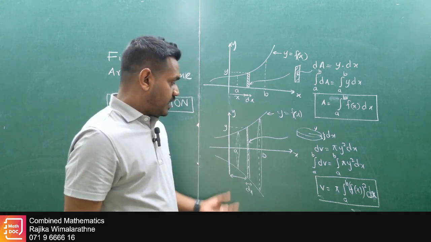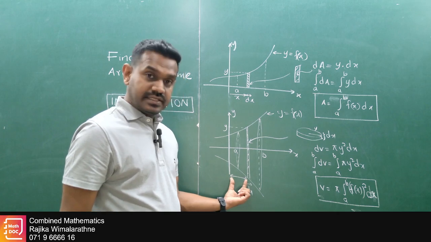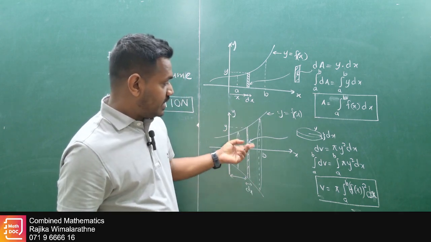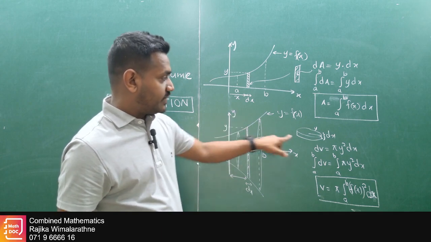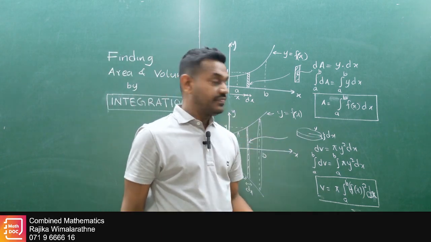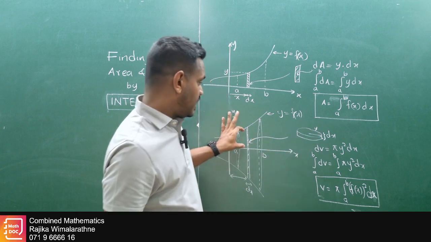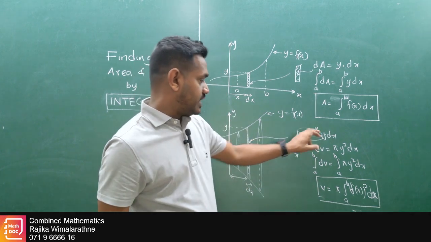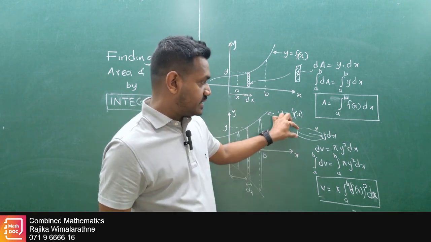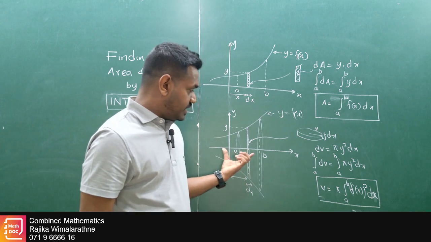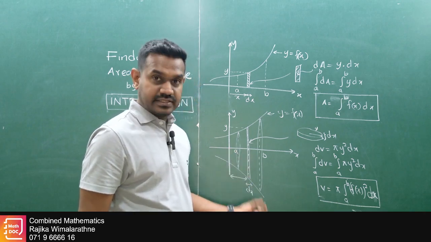So similarly, you take x, then a small increment dx, then the corresponding value y, then you rotate it. Then we can make a disk here. This is a disk. Its radius is y, this height we call radius, no? Radius y, and the small tiny part, the thickness, we say dx. So along the x-axis, we put dx.